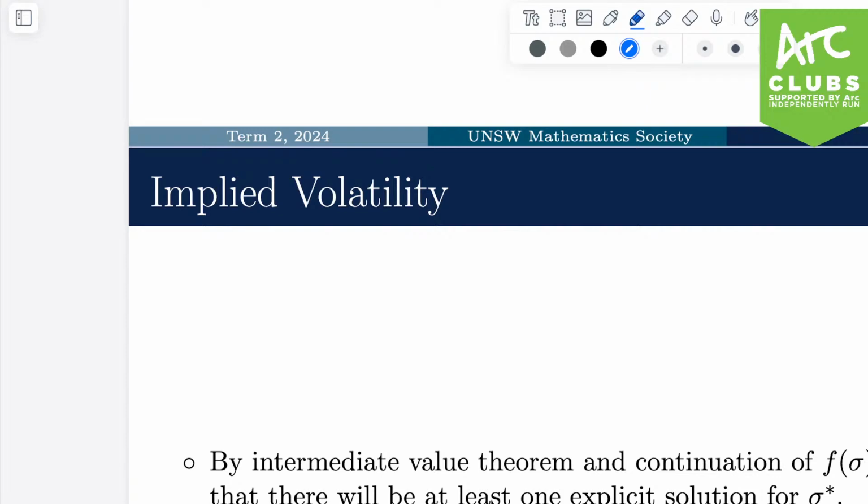You also want to make sure that f'(sigma) exists and is larger than 0. If we have these two conditions, by the IVT and the continuity of f(sigma), we know that at least one solution will exist for sigma star.